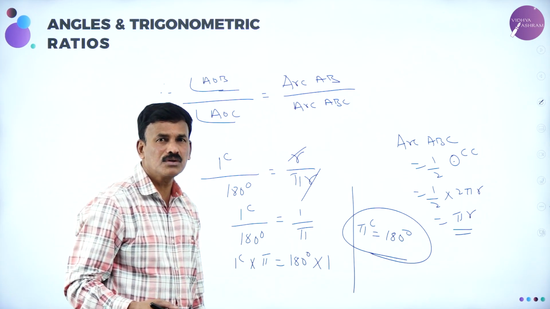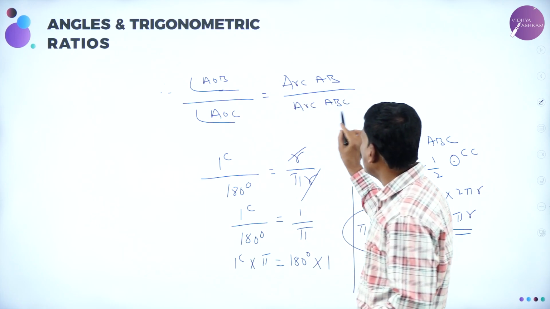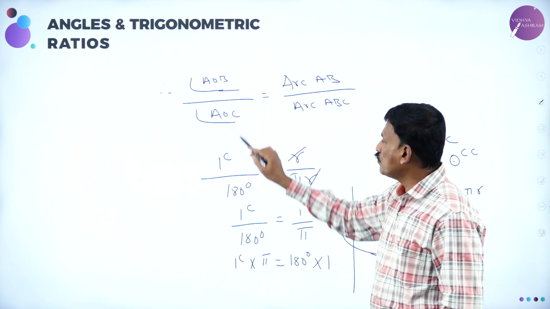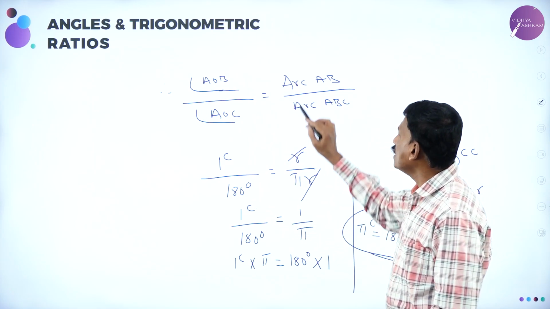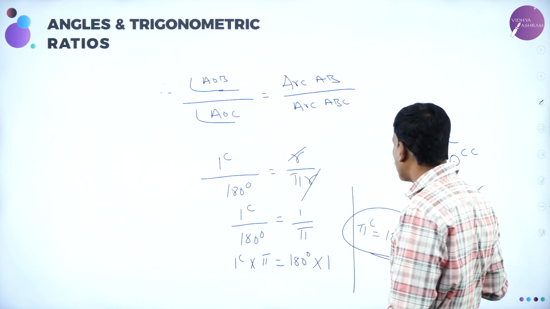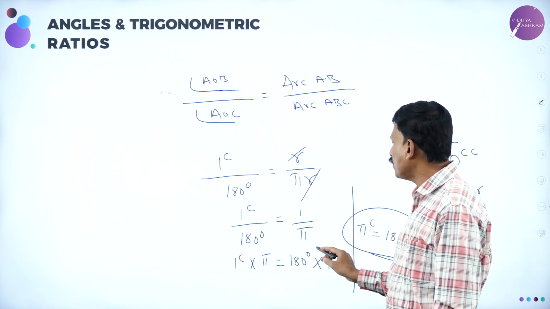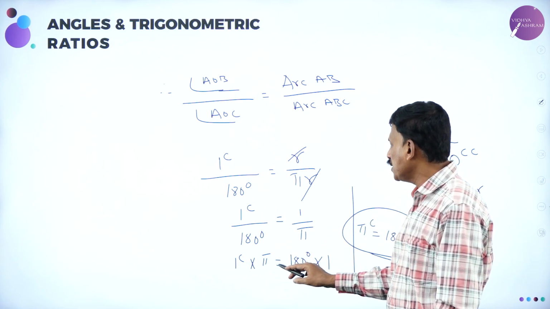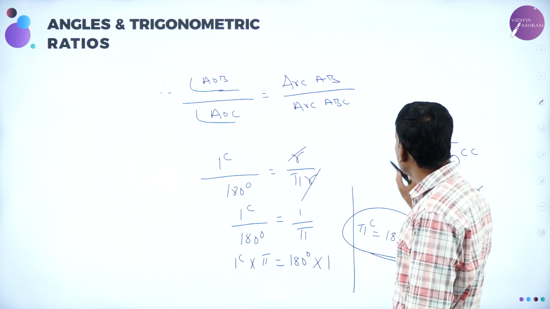Hope you followed. Angle AOB by angle AOC is equal to arc AB by arc ABC. Angle AOB is 1 radian and angle AOC is 180 degrees. Arc AB is R, divided by arc ABC, which is pi R. R and R get cancelled. Cross multiplied, pi radians is equal to 180 degrees.